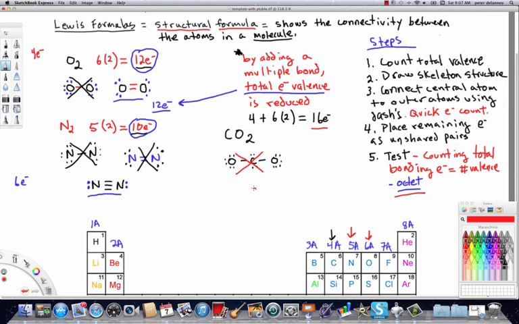So I move to another mode. I'm going to put a double bond between the carbon and one of the oxygens. And now I'm going to put in my unshared pairs so that everybody's got 8. I start with my central atom and then I move out.